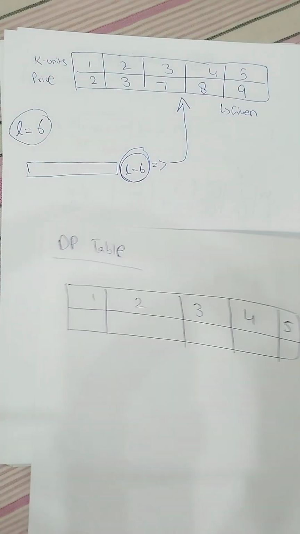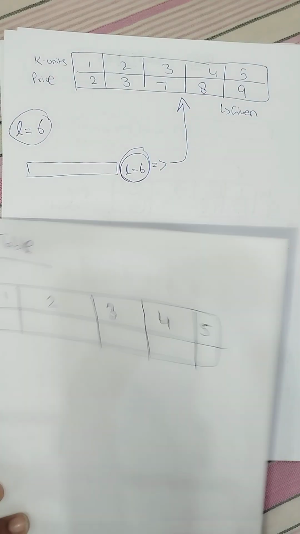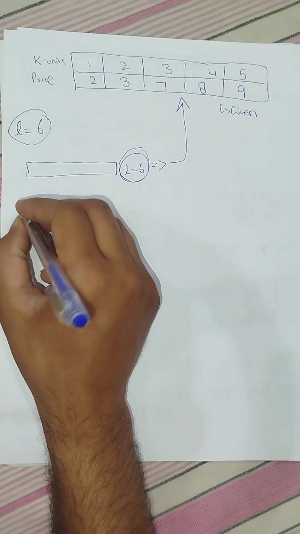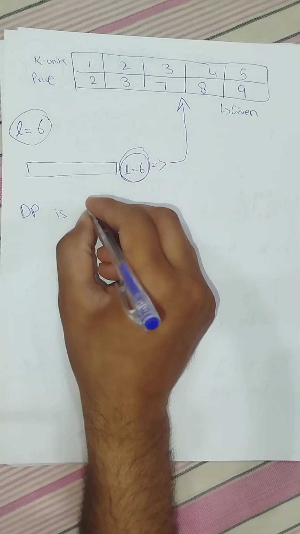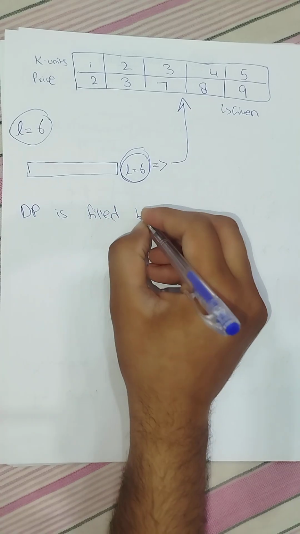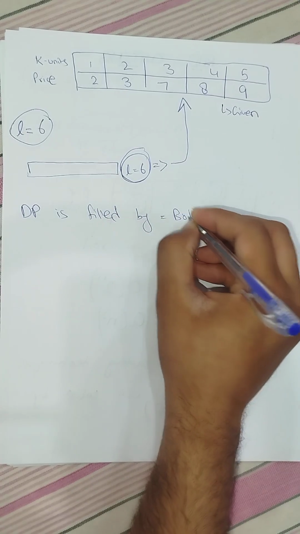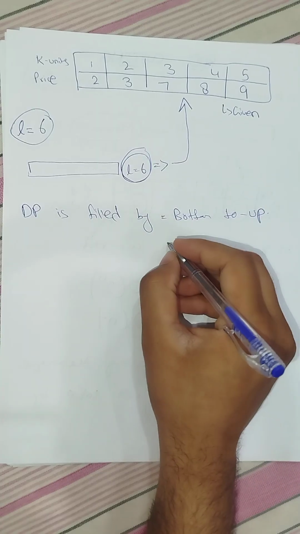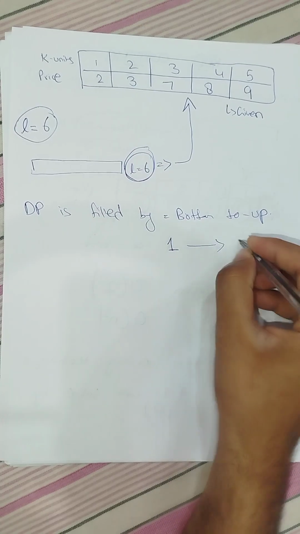So I am maintaining a DP table here and we will fill this one side by side. Okay, so number one, the DP table is filled by a bottom to up approach. That means we will start from 1 all the way up.